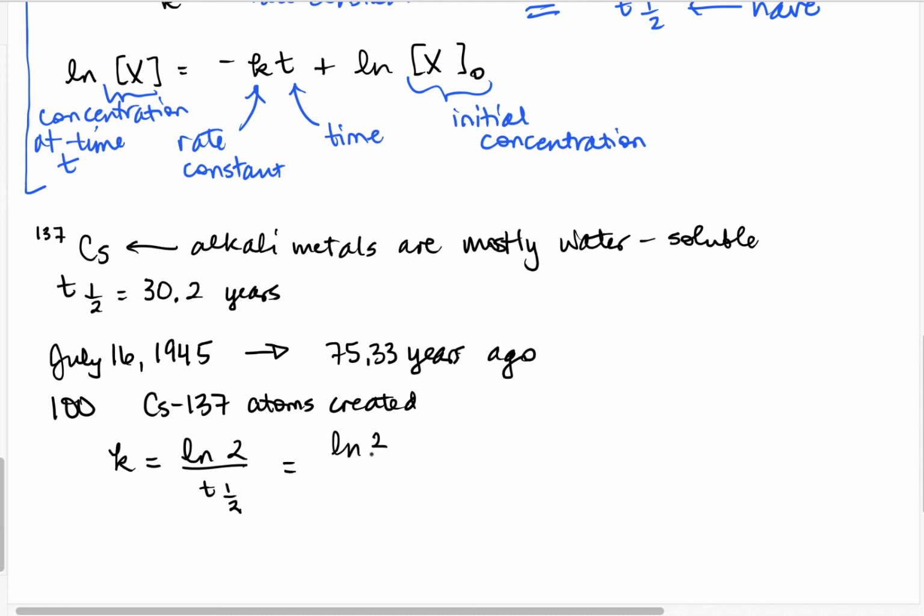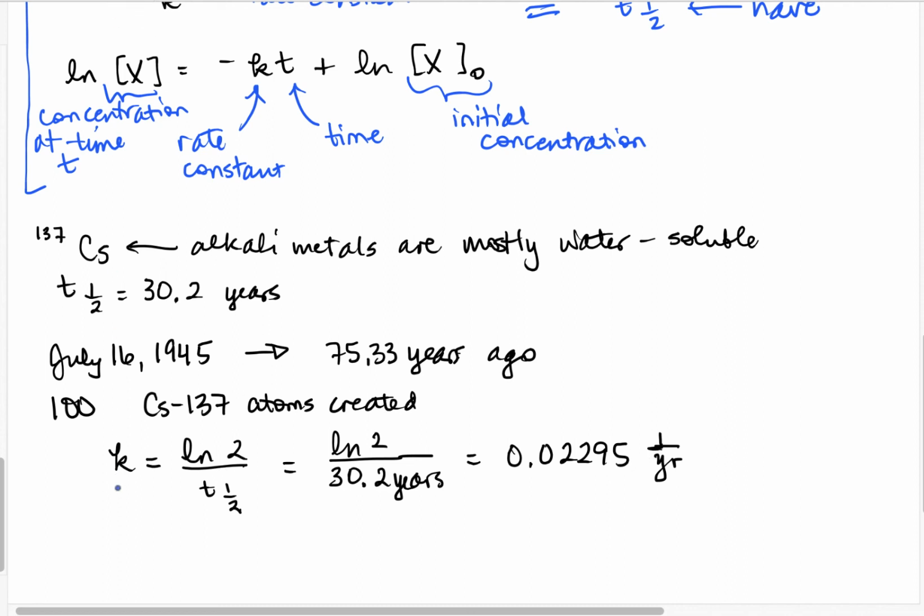So natural log of 2 over 30.2 years. These are going to have kind of awkward units, so just don't worry. If we do that, it's going to be 0.02295. I'm just going to keep a bunch of significant digits for right now, and then we'll round off later. And the units are 1 over year.